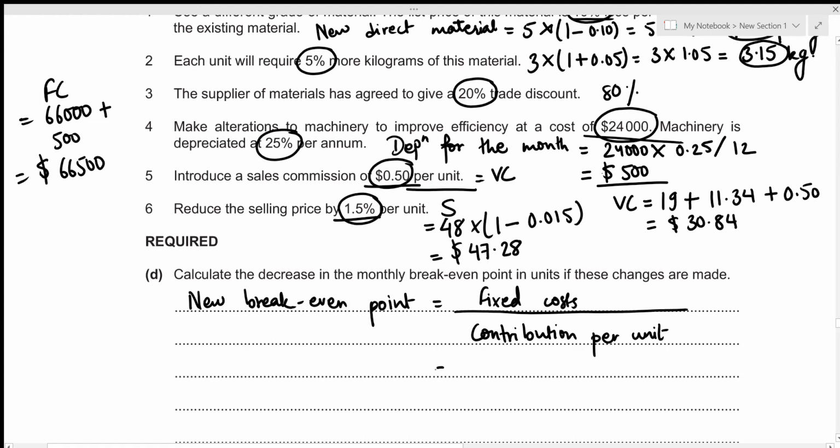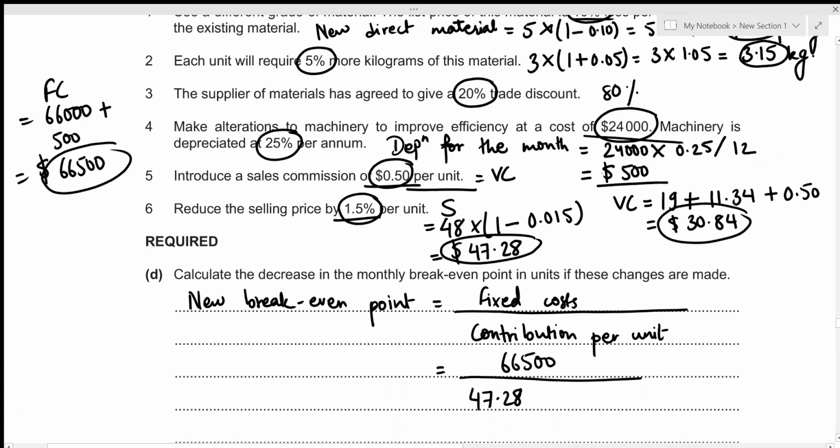Okay, we already figured out our new fixed cost right here, so that's 66,500. Let's write it down. Then we know that the contribution per unit is just the sales per unit minus variable cost per unit. And we already have our sales value right here, that's 47.28. Now we just need to subtract our variable cost from our selling price, and we figured out our variable cost to be 30.84. So let's subtract that.